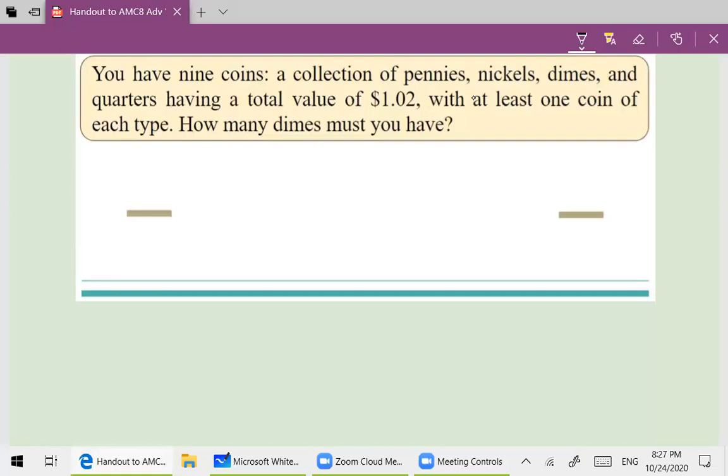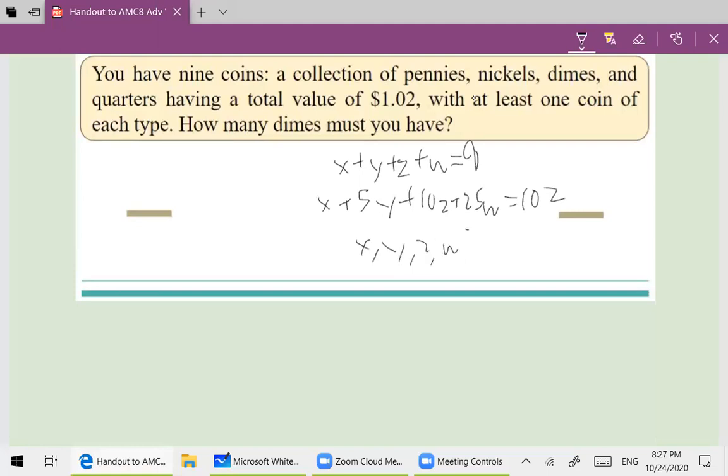Okay, so let there be x pennies, y nickels, z dimes, and w quarters. So this gives you this pair of equations, and you're also given this for the restriction.